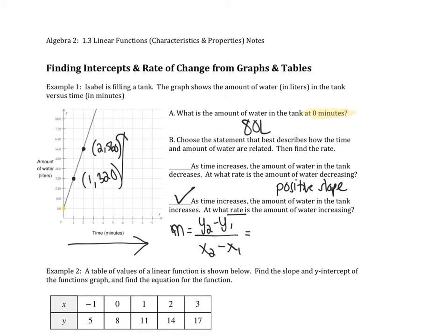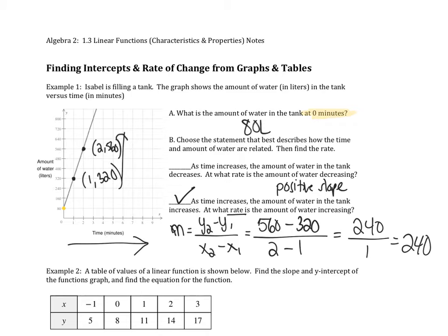So we have y2, which is 560, minus the other y, which is 320, all over x2, which is 2, minus 1. So you have 560 minus 320 is 240, and 2 minus 1 is 1. So our answer here for the rate is 240.